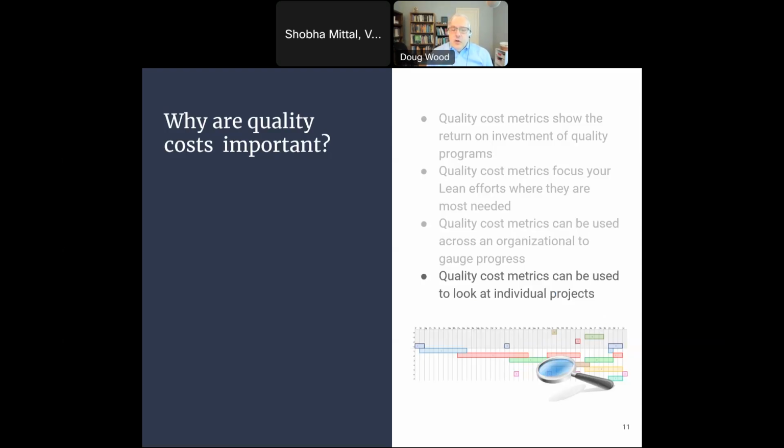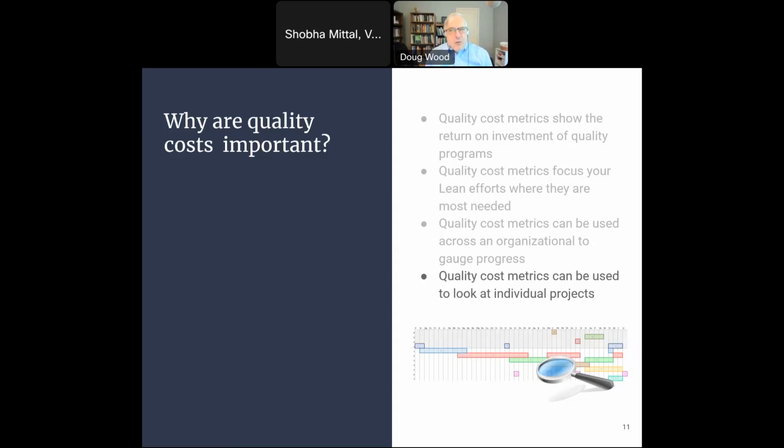The other thing is, you can take quality cost and you can apply it to an individual project. Here you see a Gantt chart. The textbook quality cost looks at a total quality cost for the whole corporation. And many companies whose CFO will take a look at quality cost from a high level, and they'll look at company-wide measures coming out of the accounting system.